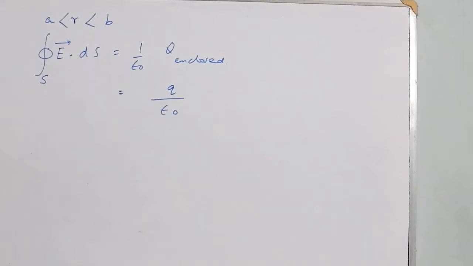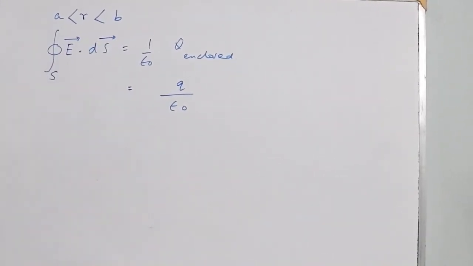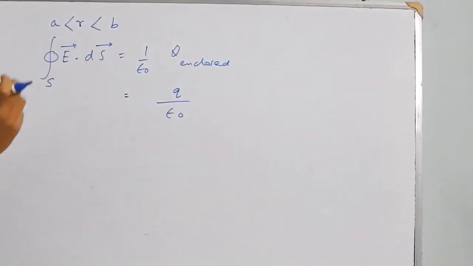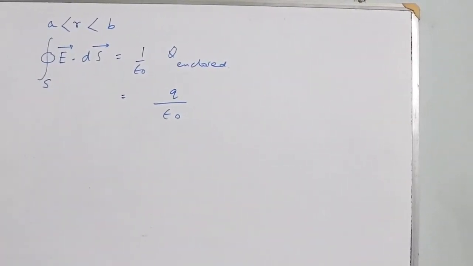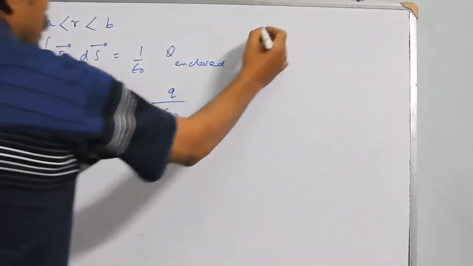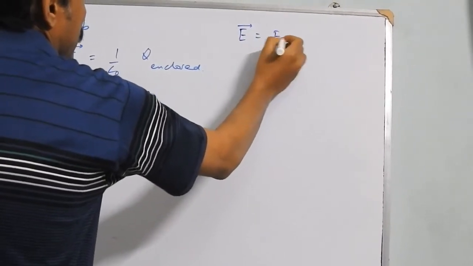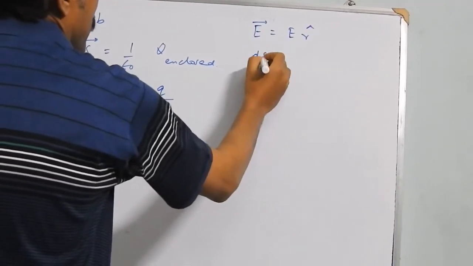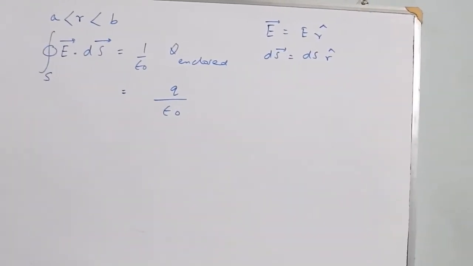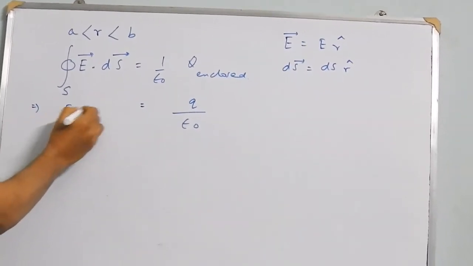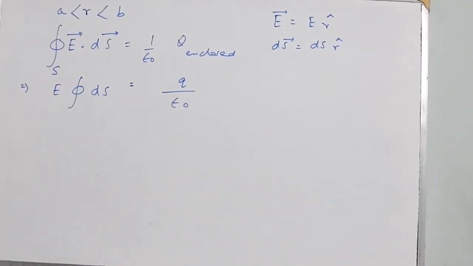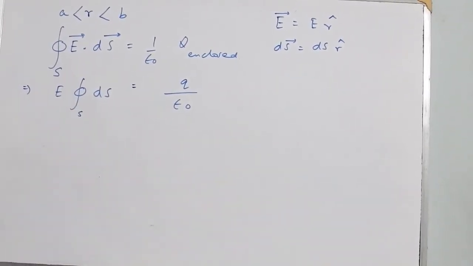And E vector, because it is in the radially outward direction, any small elemental area will also be along the radially outward direction. So if you say that E vector is E r hat, then ds vector is also ds r hat. Because E is uniform, it goes out of the integration, and this is the surface integral over the Gaussian surface.